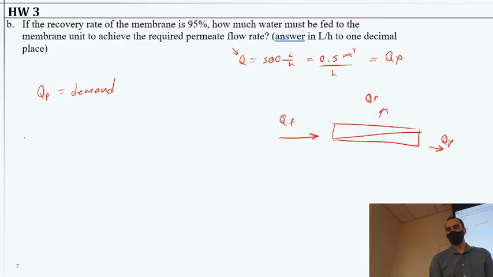If we take a look at our equation for R, the recovery, that is simply Q permeate divided by Q feed. And so we can solve for Q feed that way, just as you probably could have done simply intuitively, had you been thinking like I was just mentioning.